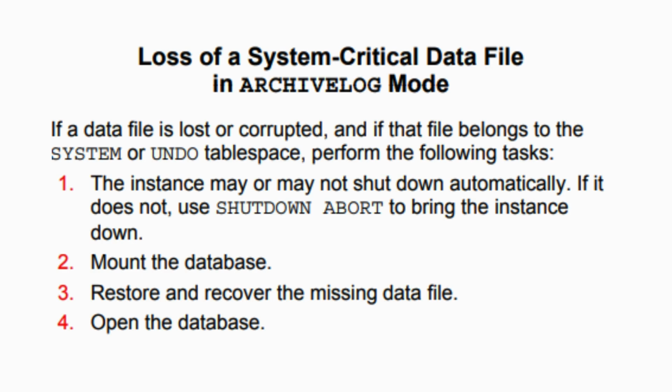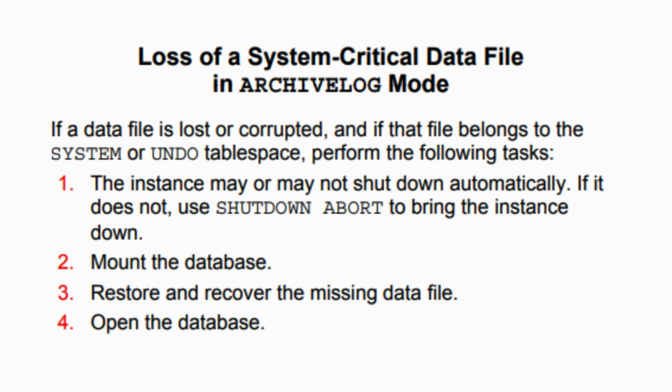To perform this recovery by using Enterprise Manager Cloud Control: 1. If the instance is not already shut down, shut it down. 2. Mount the database. 3. Select Availability, Backup and Recovery, Perform Recovery. 4. In the User-Directed Recovery section, select Data Files in the Recovery Scope menu and then select Recover to Current Time. 5.